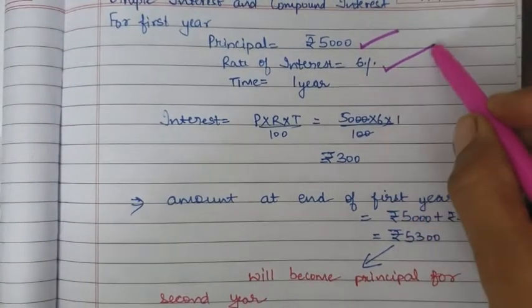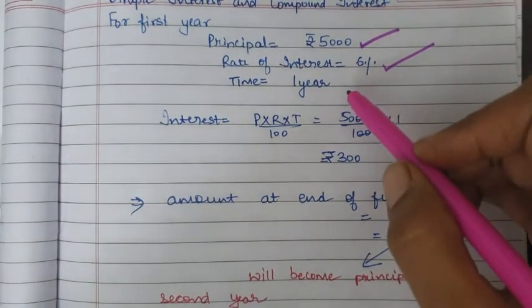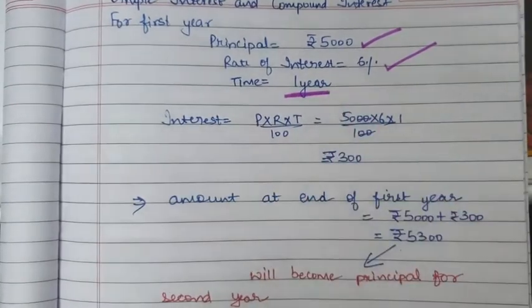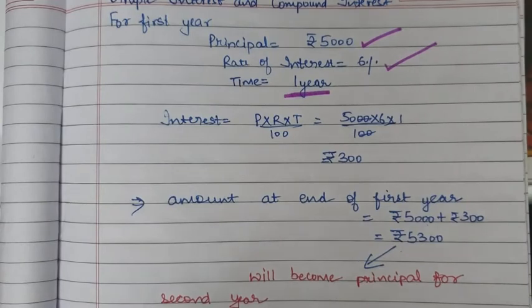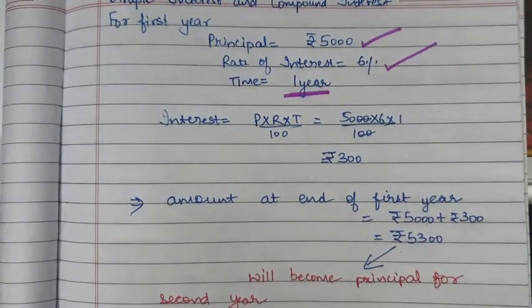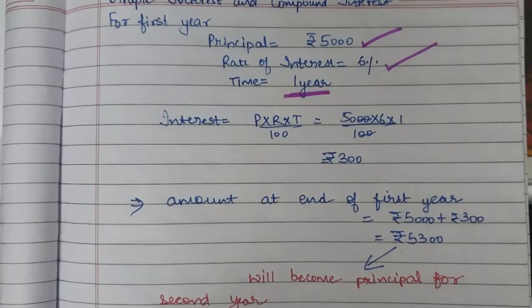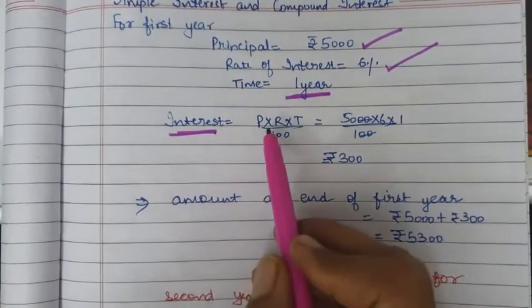Rate of interest is 6%. And what time will we take? Time we will take 1 year, because we are doing it stepwise. 2 years are given to you. First of all, we will find for the first year. Then we will find for the next year. Clear?